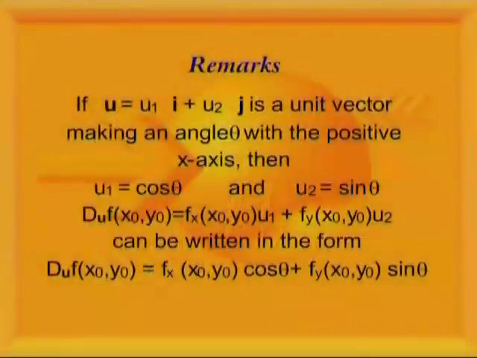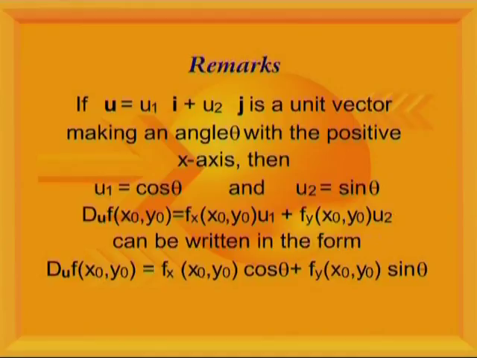If the two components of the unit vector are u1 along the x-axis and u2 along the y-axis, then what will be u1? u1 is always equal to cosine of theta, and u2 is always equal to sine of theta. What is that theta?